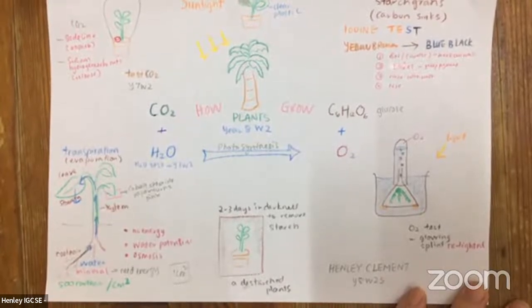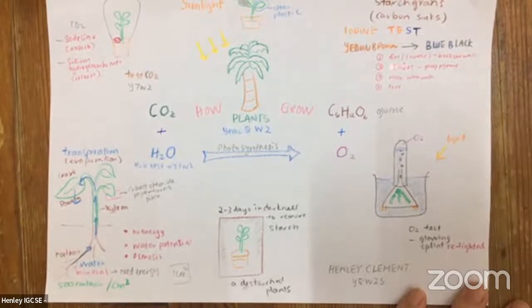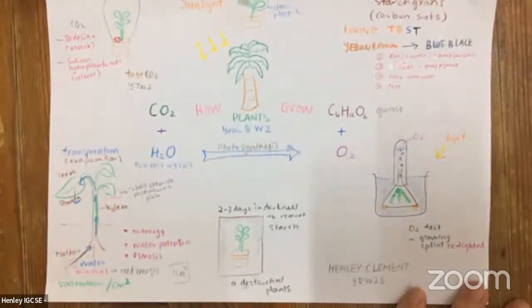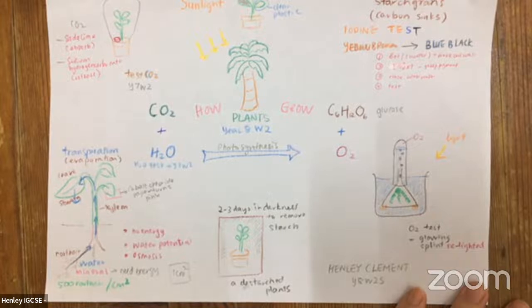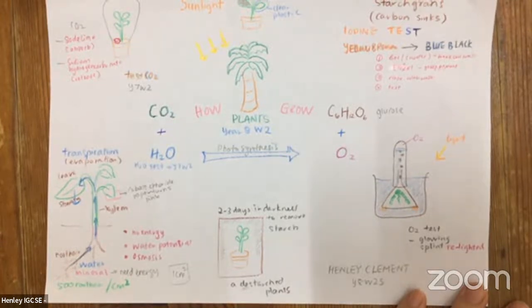If we put the plant in darkness for a few days, since there is no new photosynthesis, the starch will be used by the plant to survive. After 2 to 3 days, the whole plant will be de-starched. That means no more starch is available.